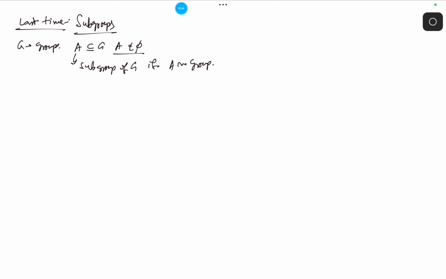Once I'm speaking about a group, of course I need a binary operation. So the binary operation of the group A is nothing but the binary operation star restricted to A cross A. Remember that we had a binary operation star, G cross G to G, and with respect to this binary operation G is a group.